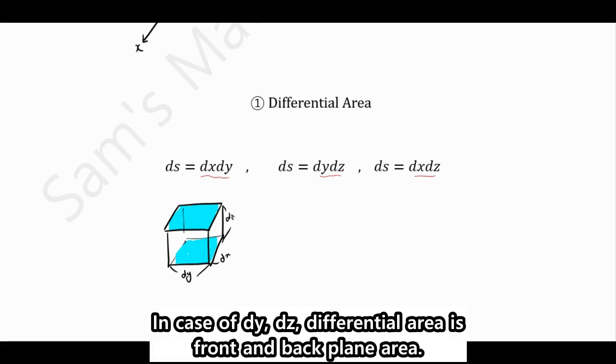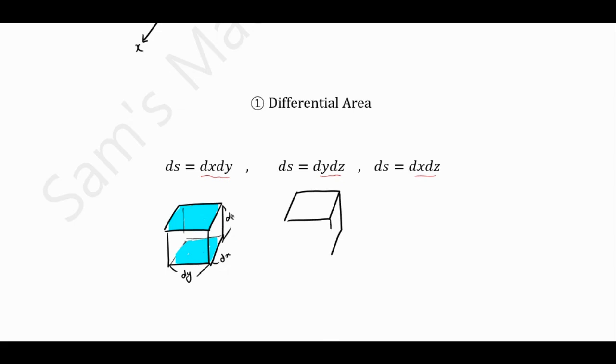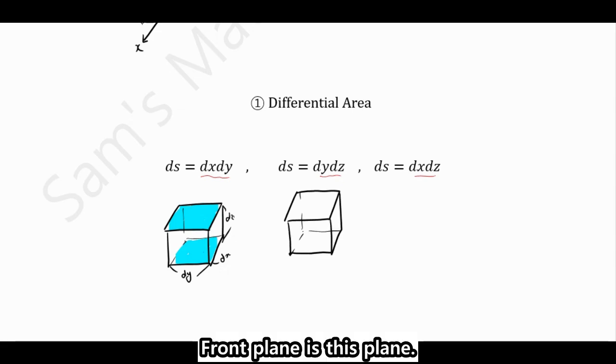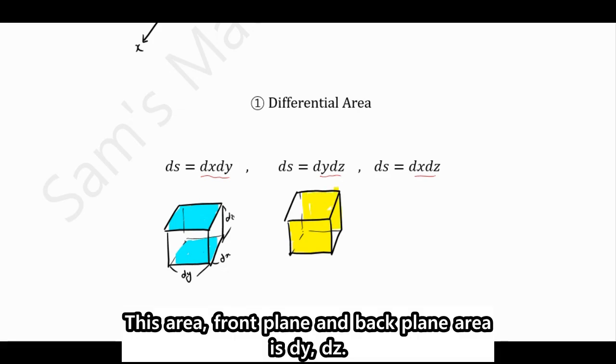In case of dy dz, the differential area is the front and back plane area. The front plane is this plane. Back plane is this plane. The front plane and back plane area is dy dz.